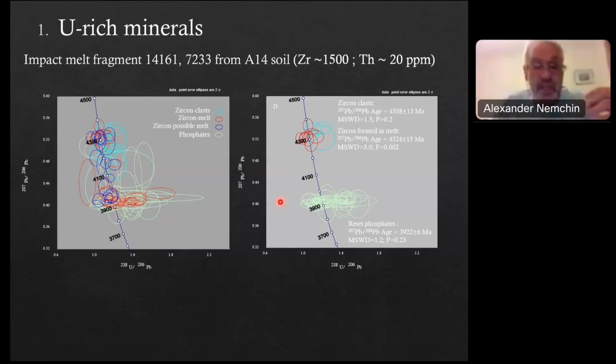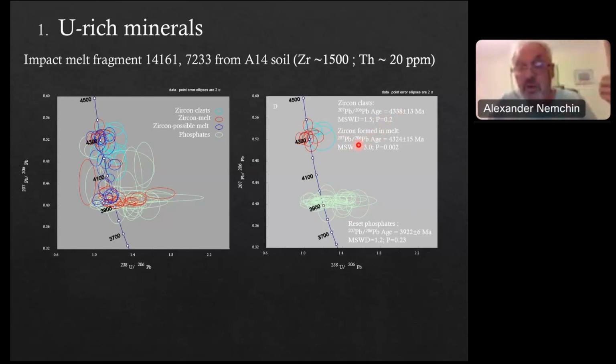If we clear away some of these intermediate, partially reset materials, we find zircons sitting at the very top, representing a single population. The clasts are slightly older, but not really distinguishable from the group of zircons we believe formed in the melt, in terms of age.